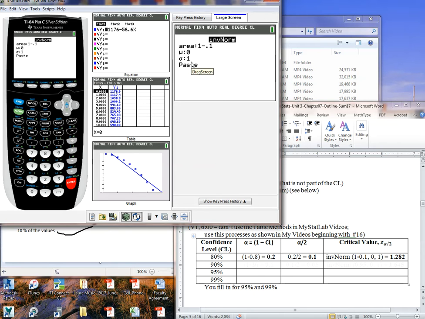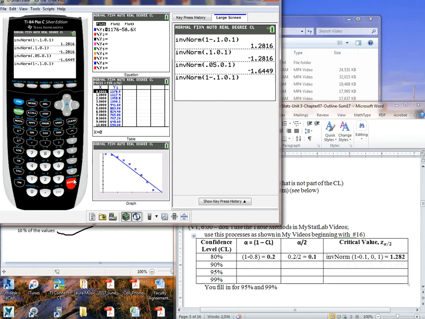I've got the standard normal curve where the mean is 0 and the standard deviation is 1. I put those into invNorm, and I end up getting 1.2816. In the table I put it as 1.282.